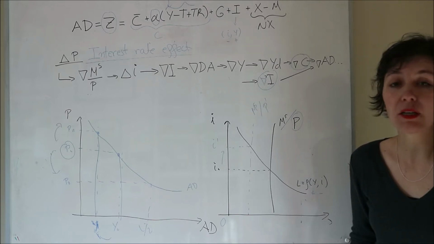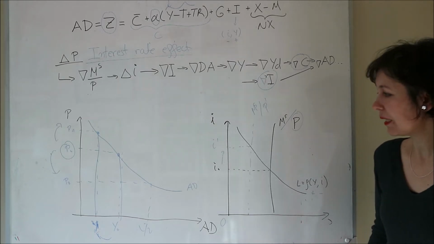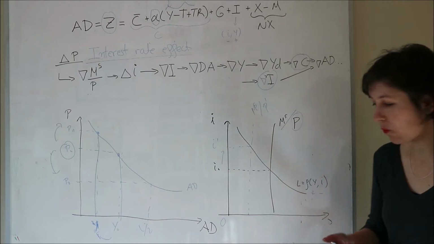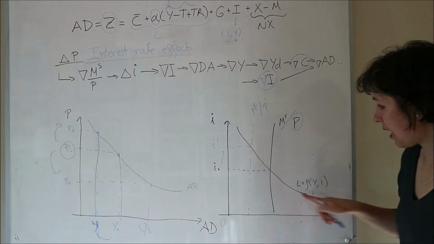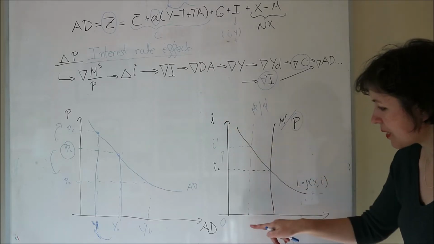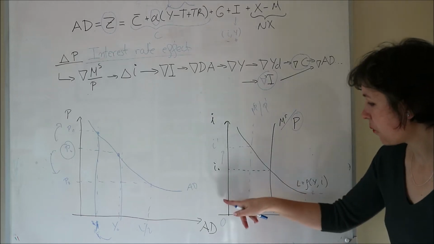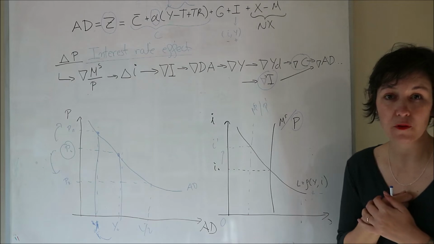That's why it's also liquid money. And the relationship of that liquidity demand with the interest rate is going to be negative. So you can see that: the higher the interest rate, the lower the quantity of money that I demand to have with me. The lower the interest rate, the higher the amount of money that I want to have with me.